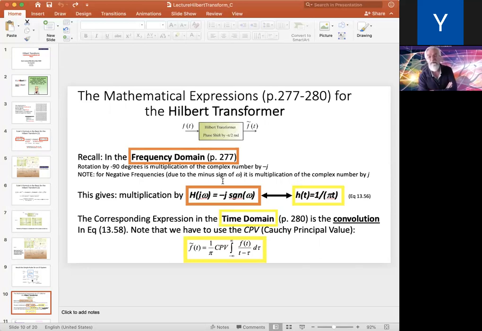And also recall that for the negative frequencies, we have to do that with plus j. And that leads to the fact that we now have an H(j omega), which is what we need to multiply the input with in the frequency domain. Hence, that must be H(j omega).